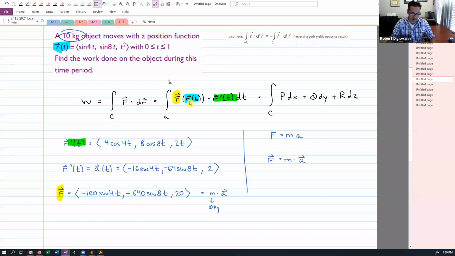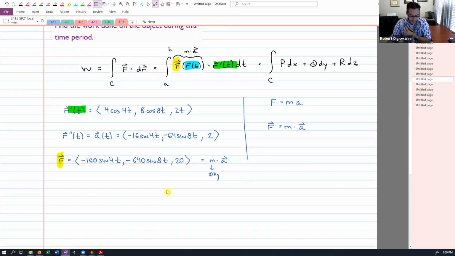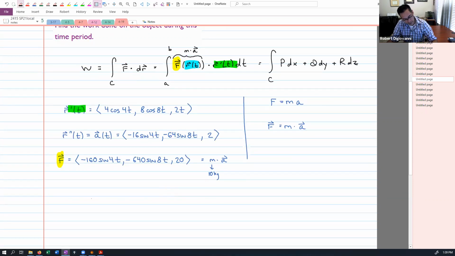The field evaluated on the curve is just our mass times acceleration, because that's the force acting on the object. So it's just this field right here.